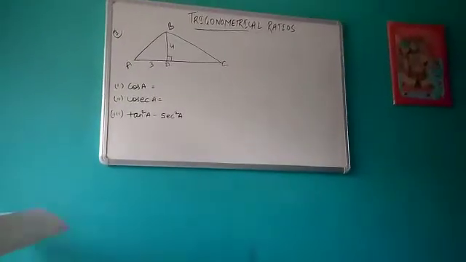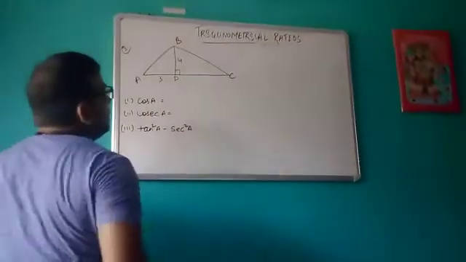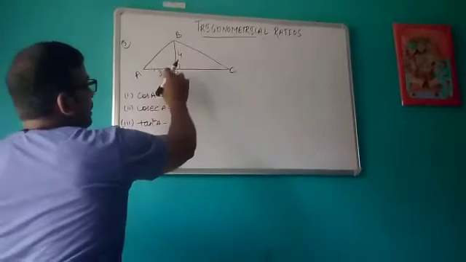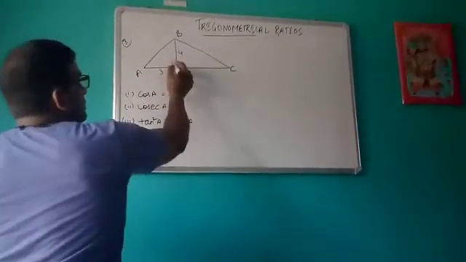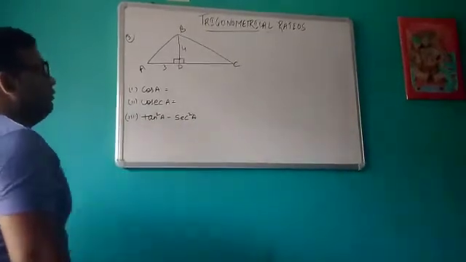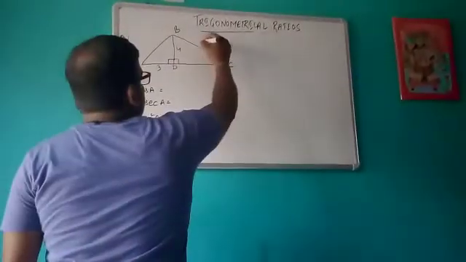Let's discuss one more type. Suppose a triangle is like this. If you see very carefully in this figure, there are two right angle triangles. What will we do first? First we will find the sides.